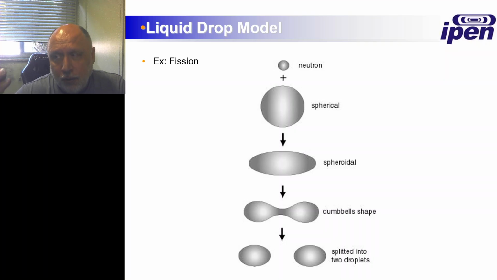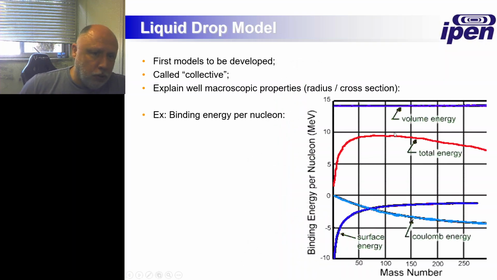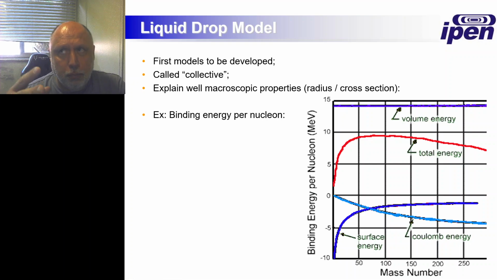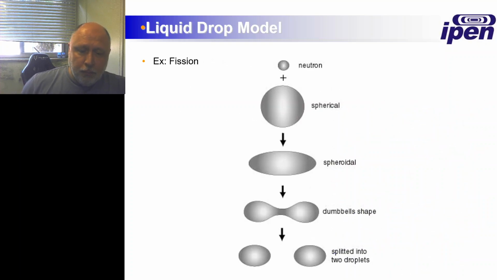Small droplets tend to join and form a larger drop, and once a drop is too big, the chance that it will break increases. And that's what we see here. This is a very simple, one of the first models of nuclear fission.